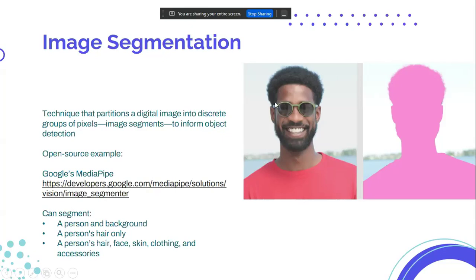You can segment a person's hair if you want to create beauty effects for hair. You can also segment their skin, the different clothing and accessories. For an accessory example, you can segment out these sunglasses.